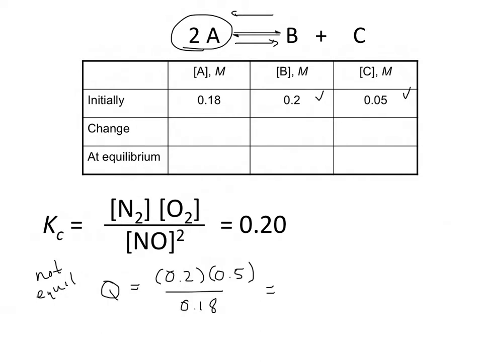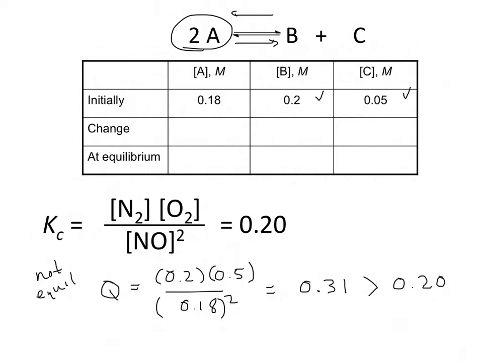And I get a number, which is, oops, that's going to be squared. And I'm going to get a number, it's equal to 0.31. And we notice that this is larger than our value for Kc.